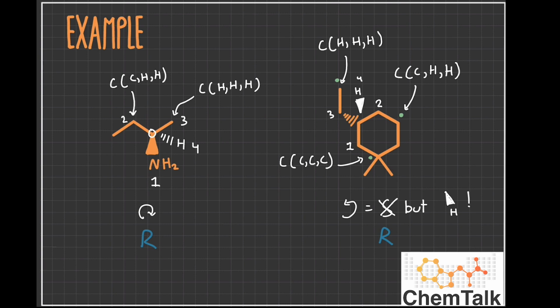So, here, our groups are oriented in a counterclockwise manner, so at first glance we would assign S, but we have to remember that our lowest priority substituent is coming towards us, not in the back, so that S is actually an R. So, for this molecule, our answer is R.